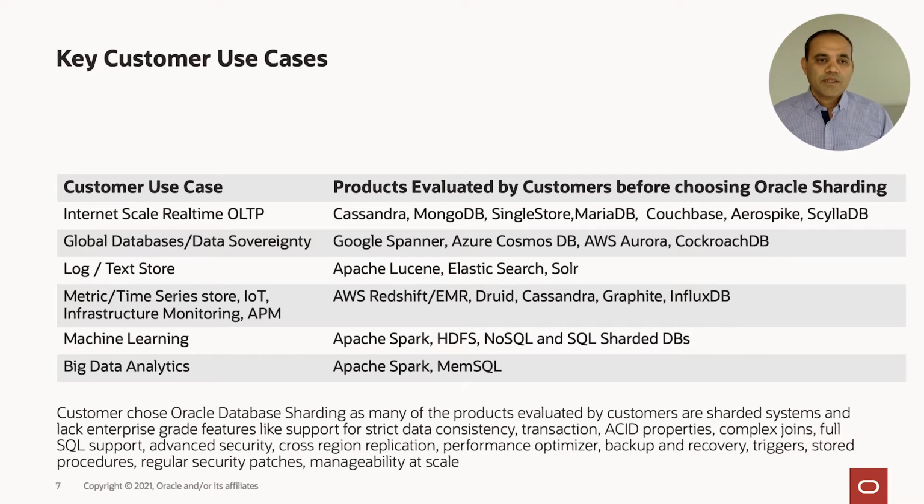Oracle database has first-class support for text data and log data, so use cases like log analytics and text stores can also be used with sharding, and that's what these applications are using it for. Applications which are using Oracle database for metric stores, time series data, Internet of Things, application performance monitoring, all of them store data in Oracle database with sharding and are able to scale it.